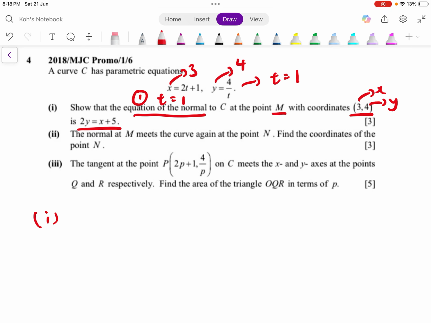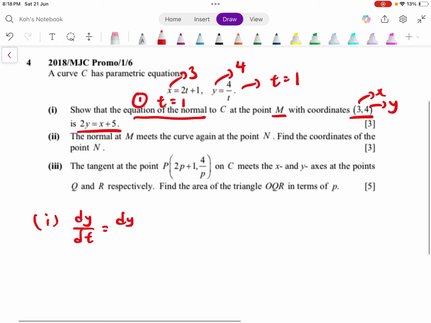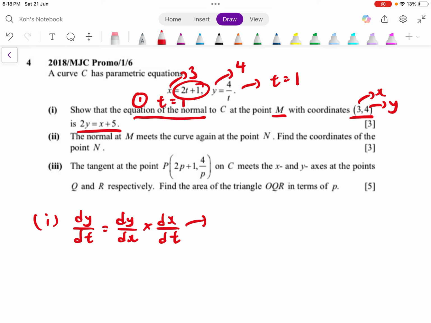The first part is dy/dt equals dy/dx times dx/dt. So we differentiate dx/dt first. dx/dt is 2. For dy/dt, I do a bit of manipulation: y equals 4t to the power of negative 1, so dy/dt is equal to negative 4t to the power of negative 2.